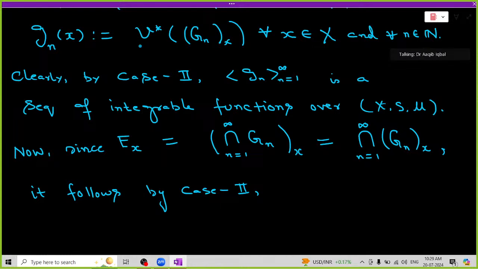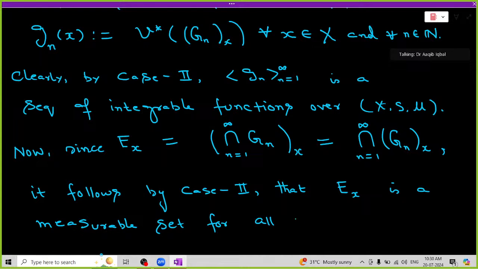So this is an intersection of measurable sets, a countable intersection. So therefore it will be a measurable set. So therefore E sub x is a measurable set. It follows by case second that this x section of E is a measurable set for all x's in X. Okay, so measurability is done. Now we will move towards integrability.